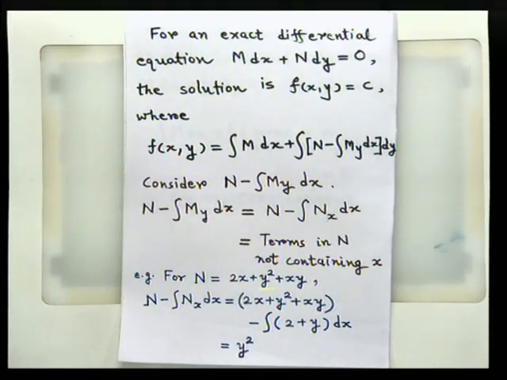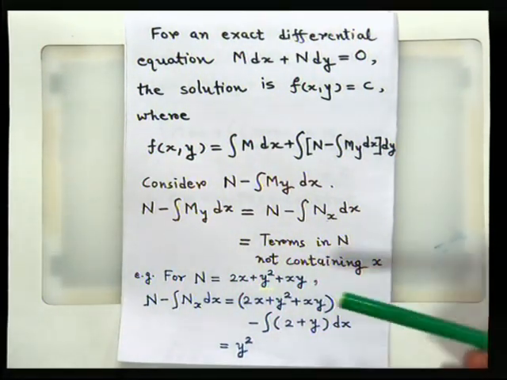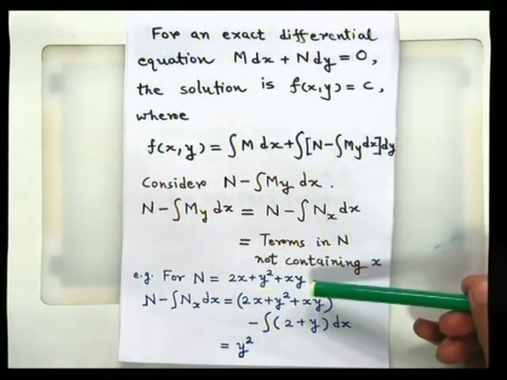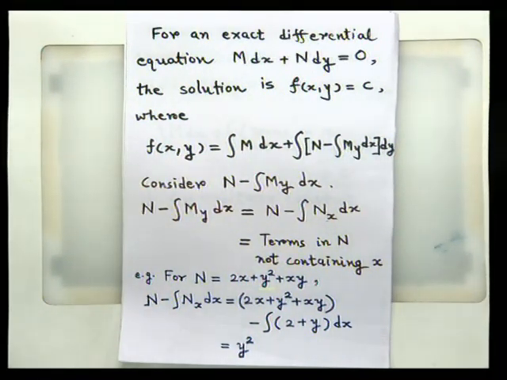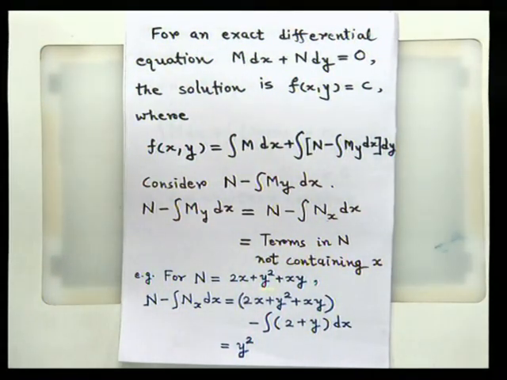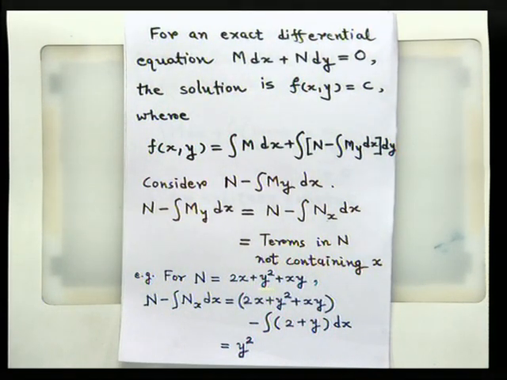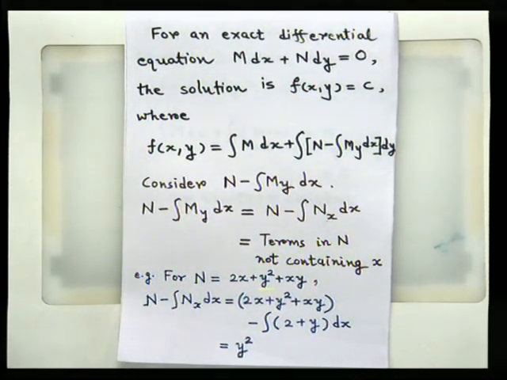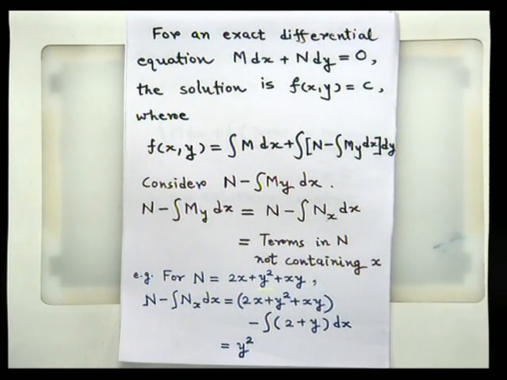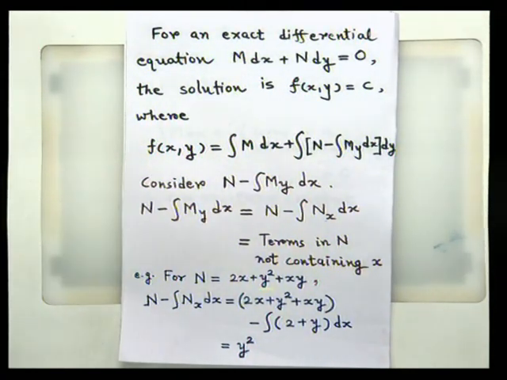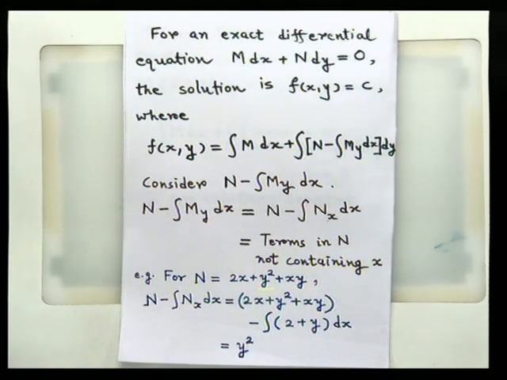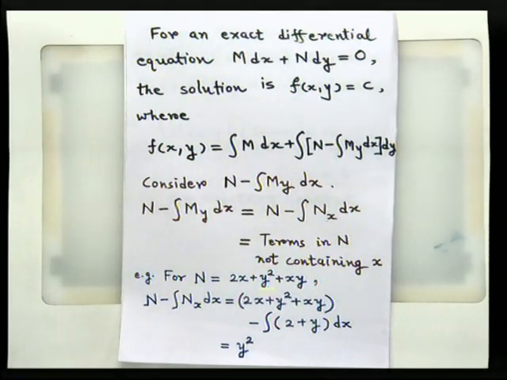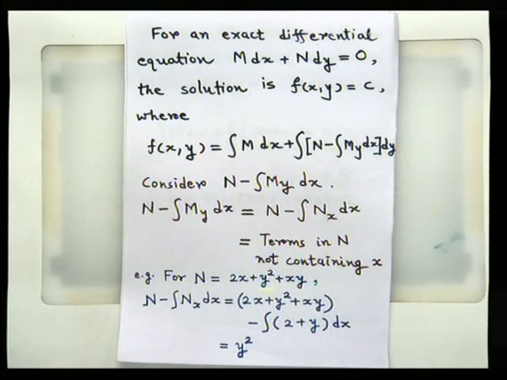For example, if we consider n as 2x plus y square plus xy, then n minus integral of the partial derivative of n with respect to x dx is 2x plus y square plus xy, that is the value of n, minus integral of nx, that is the partial derivative of 2x plus y square plus xy with respect to x.